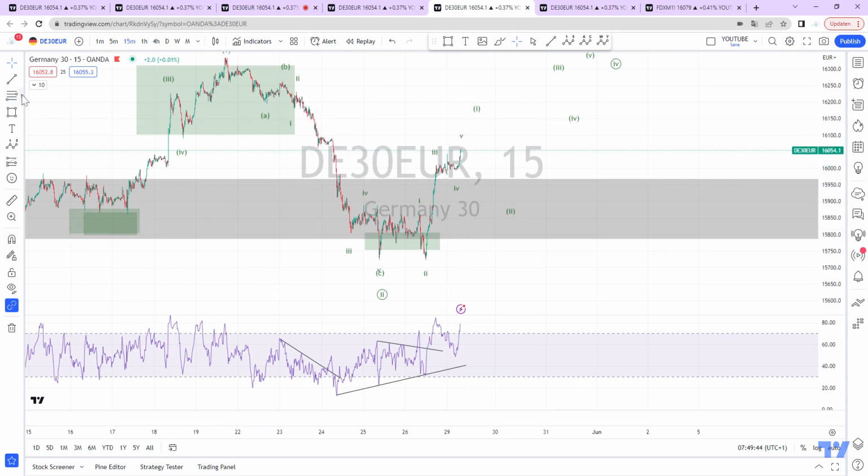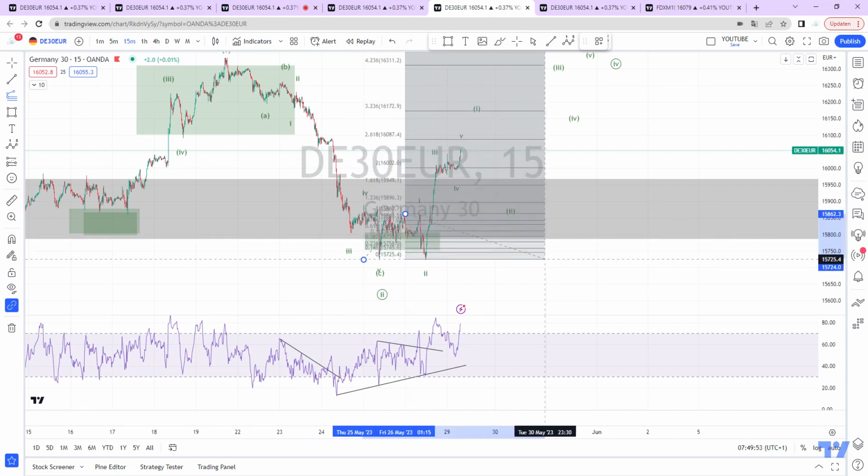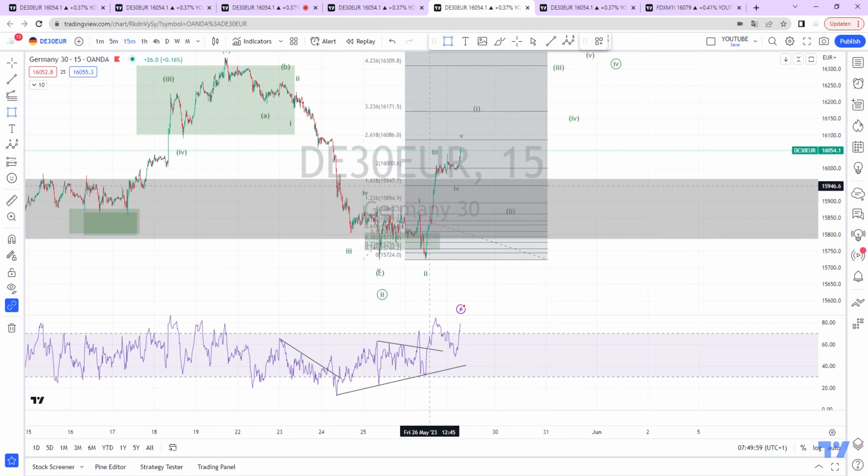The difficulty is we already passed the zone of a wave 3. So normally here on the 15 minutes, our wave 3 should end somewhere here, but we already passed the box.